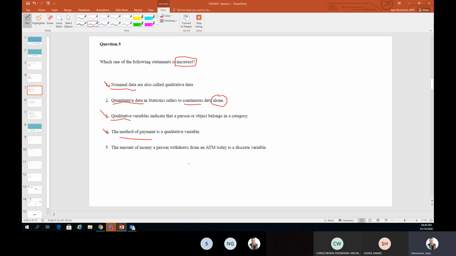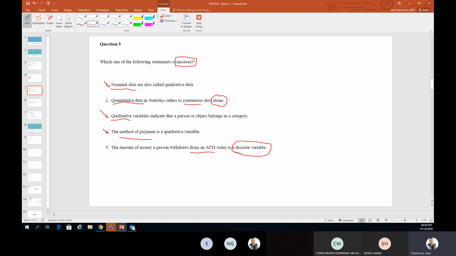The amount of money a person withdraws from an ATM is a discrete variable. Again, very interesting how you look at it. We know when you draw money from an ATM, it is a 10 rand, a 20, a 50, a 100. So it is a discrete variable.